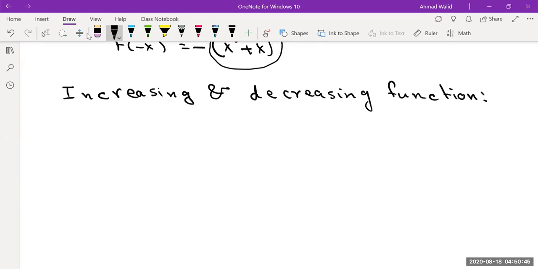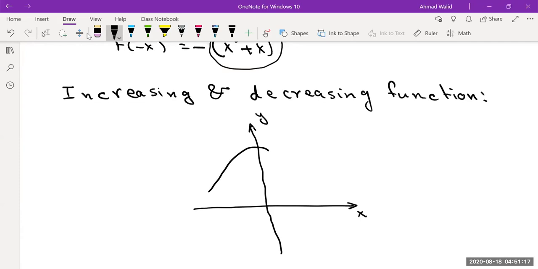How should I know if a function is increasing in a given interval or if a function is decreasing in a given interval? To understand that, let me use a simple graph here and I'll explain how you can understand in which interval the function is increasing and in which interval a function is decreasing.